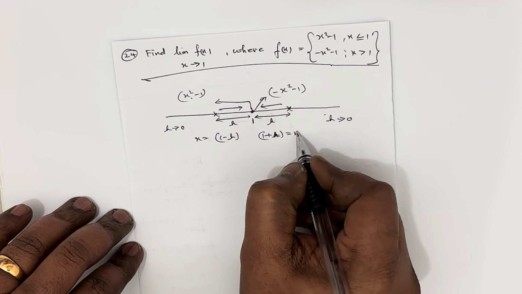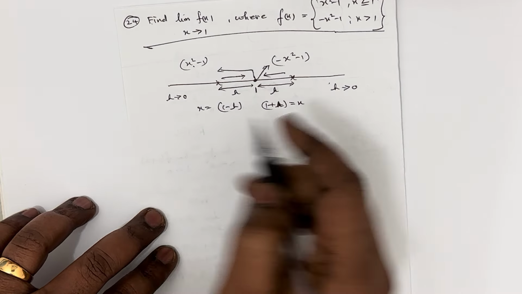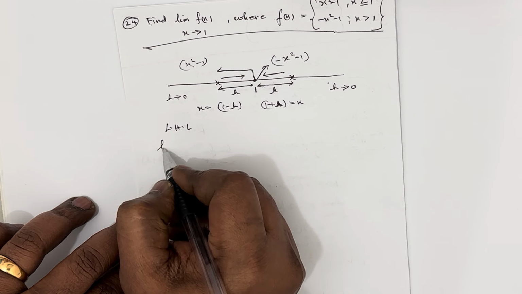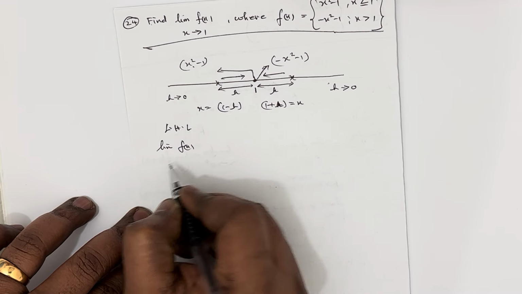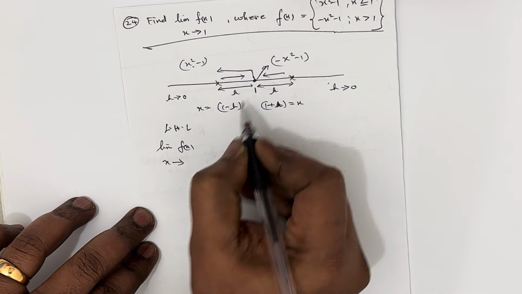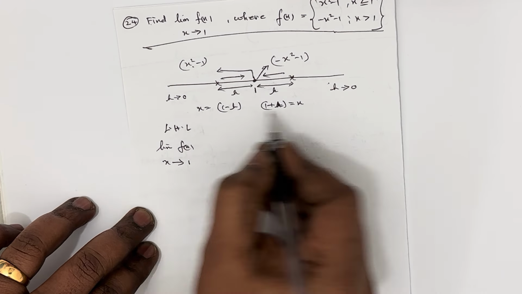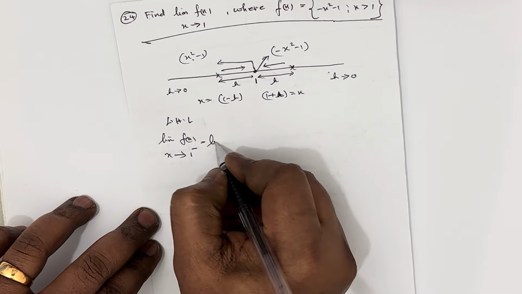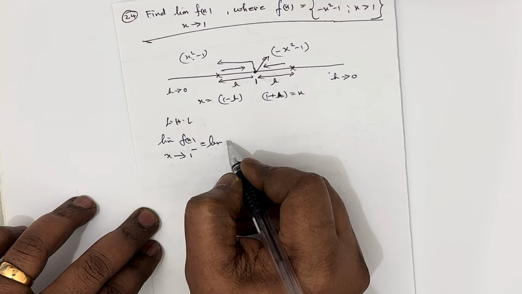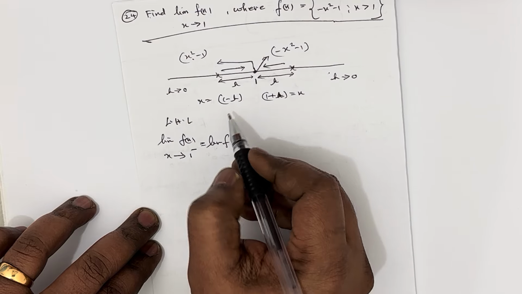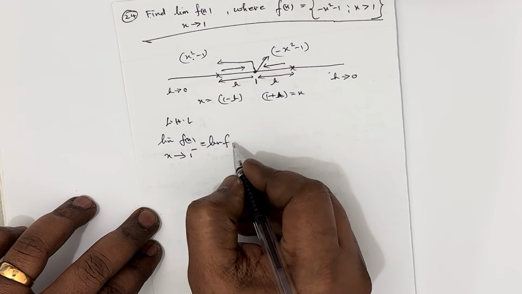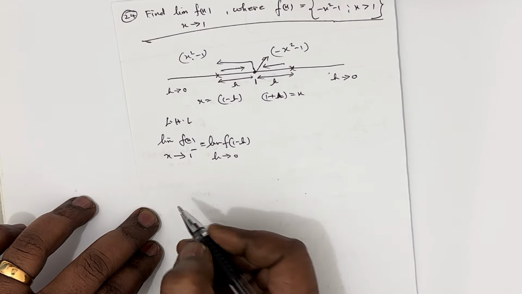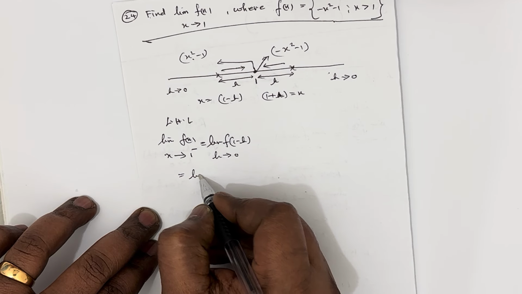Now the left-hand limit, LHL, is the limit of the function as x approaches 1 from the left side, that is 1 minus, which is equal to the limit of f of x. Now instead of x we write 1 minus h, and h tends to 0.